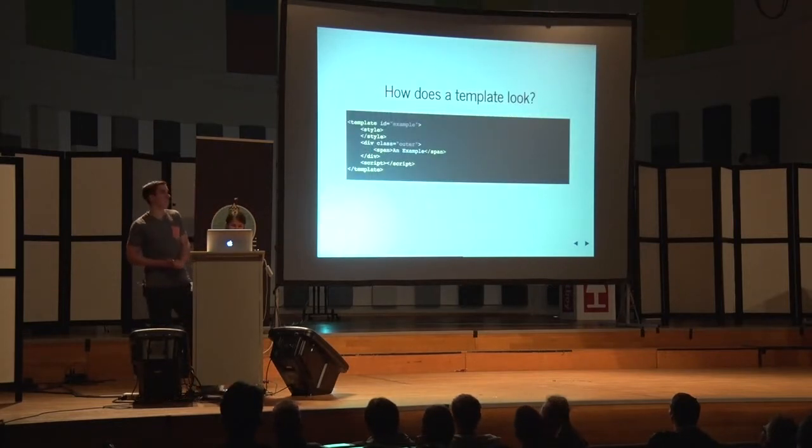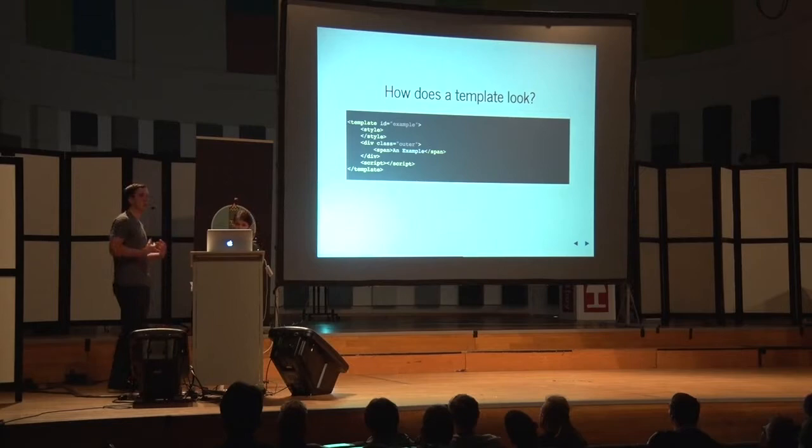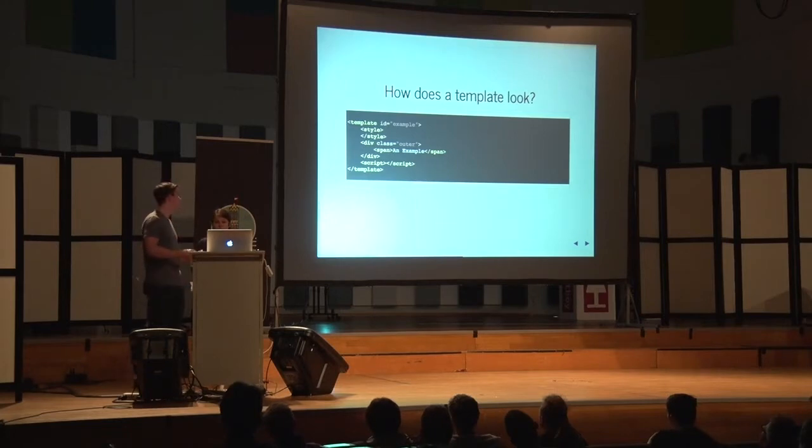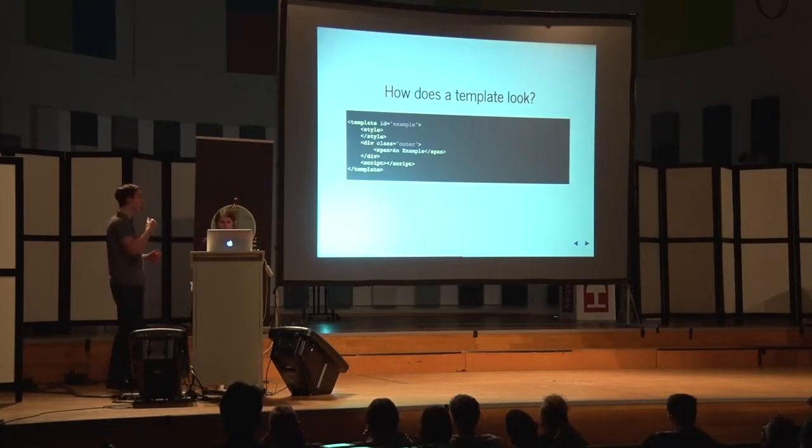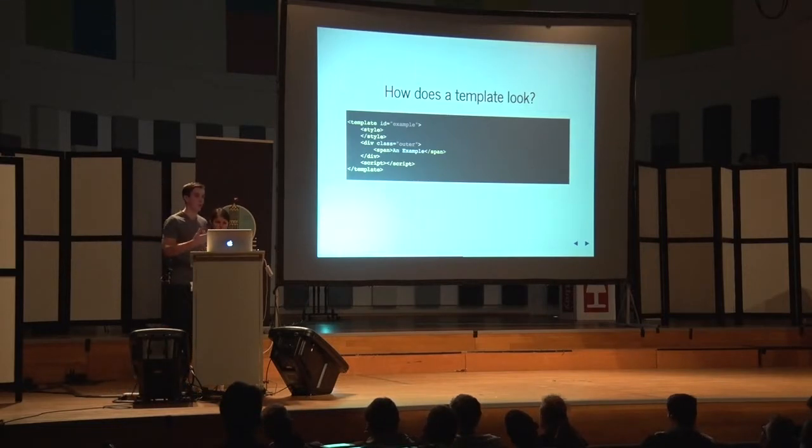So how does a simple template look? We just start with a new element called template. We give it an ID that's basically the name of the template. So it has to be specific. You can't have multiple identical IDs on one page anyway. We can have style in it. We can just describe our own style in it with whatever you want.